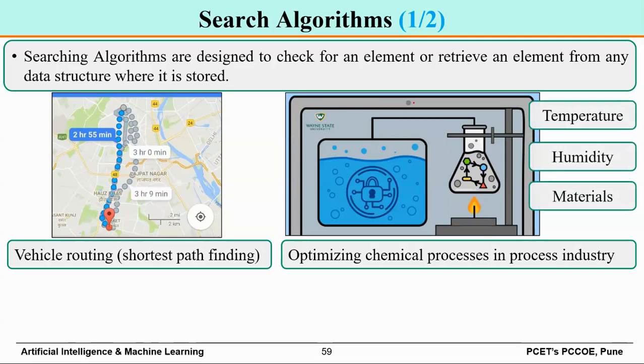There are so many factors, for example temperature, humidity, the quality of the raw material, and the quality of the chemicals that we are using for the chemical reactions. All these factors affect the quality of the sugar, which is one of the byproducts. A lot of research has already been done on what the quality of that sugar would be if we carry out the process at a particular temperature.